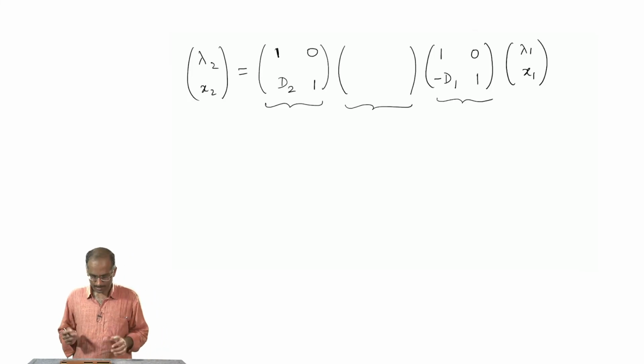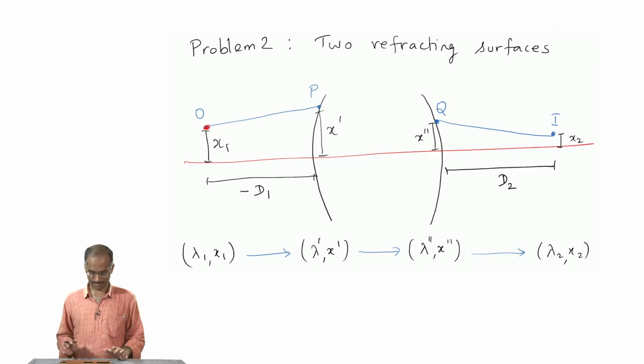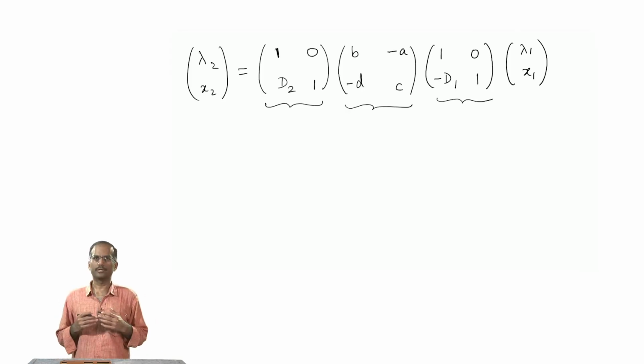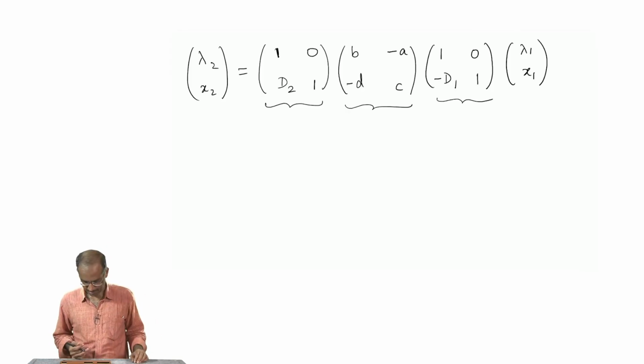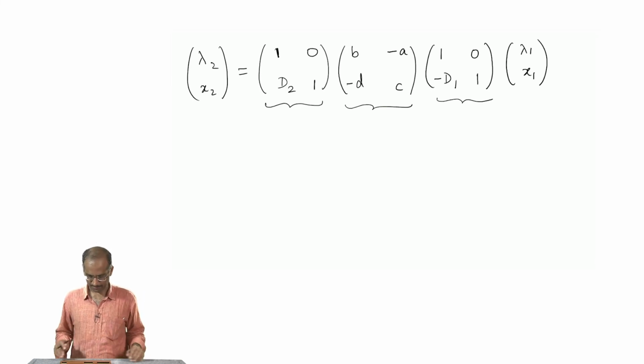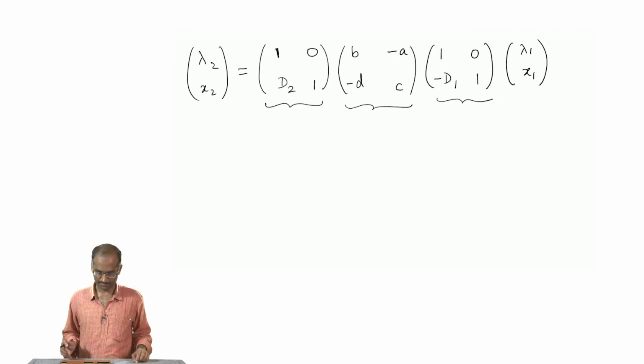But as I said, that determines what happens inside the system between these two curved surfaces. So, let me in general write it as, you can think of this as your system matrix, which encodes all the information about what happens in between these two refracting surfaces.